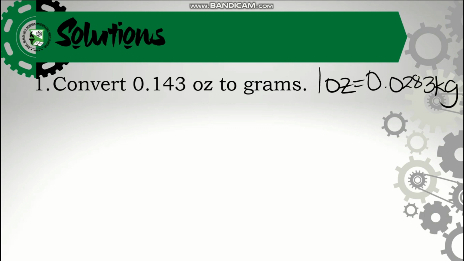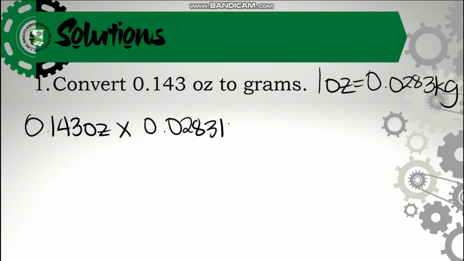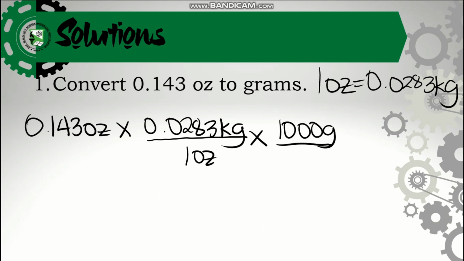Always write the given first, so we have 0.143 ounce, and we're going to multiply it by the conversion factor, where we put the ounce at the bottom so that we can always cancel it. The goal here is to cancel the given or original unit so that we can convert to the unit we want. So, multiply by 0.0283 kg over 1 ounce.